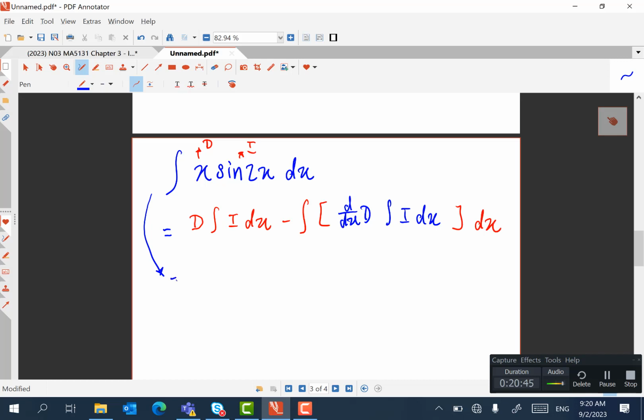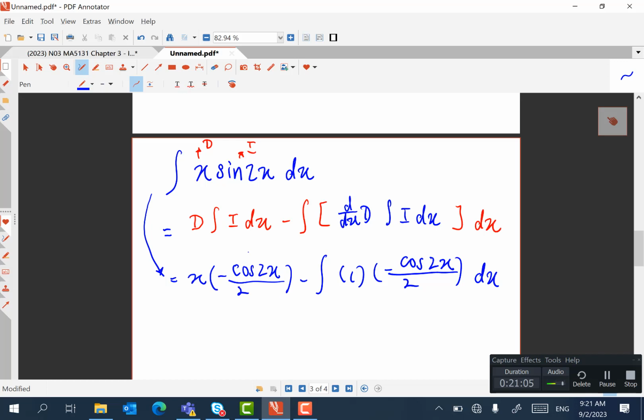I will immediately keep my d, I will immediately integrate my I. And then if I do my steps correctly, I will realize that inside this bracket, you will always have a repeat of what you have done outside, except that integration is done 2 times, whereas differentiation is done only once. So that's how I remember it.